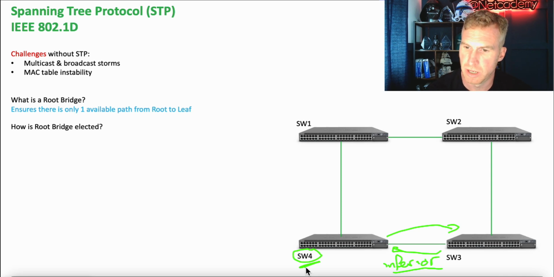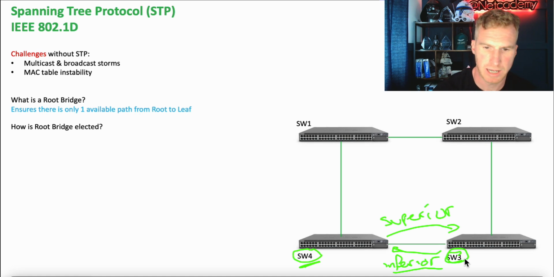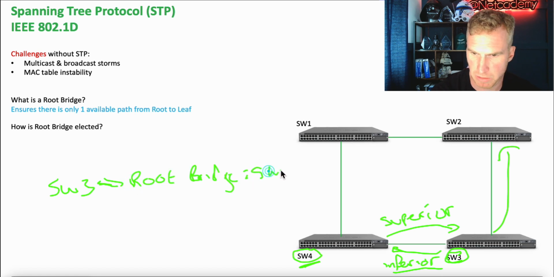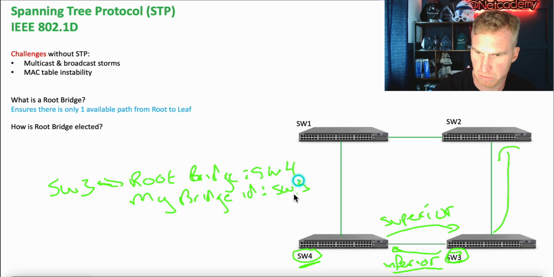As such, the BPDUs that have come in from SW4 will be superior to SW3's. So what happens at this point is that SW3 is going to send out of its interface updated bridge protocol data units to say the root bridge is SW4 and my bridge identifier is SW3.